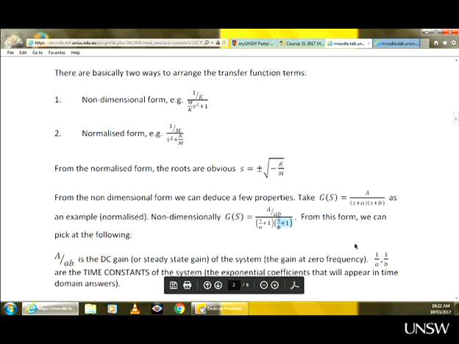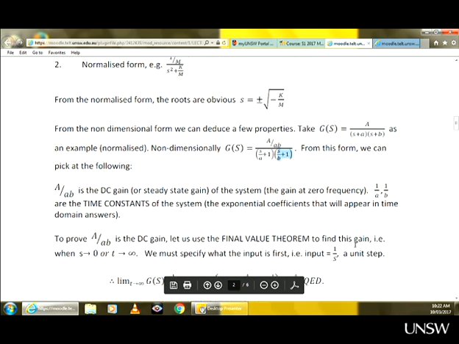Here, we are introducing some new terminology that you should familiarize yourself with. This constant here, capital A over ab, is what we call the steady state gain or DC gain of the system.